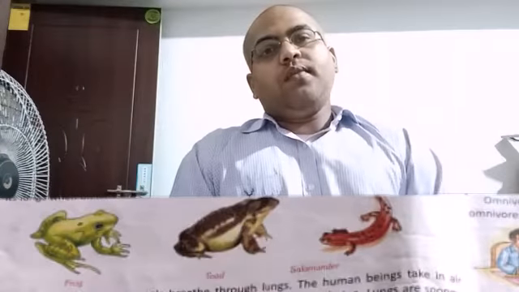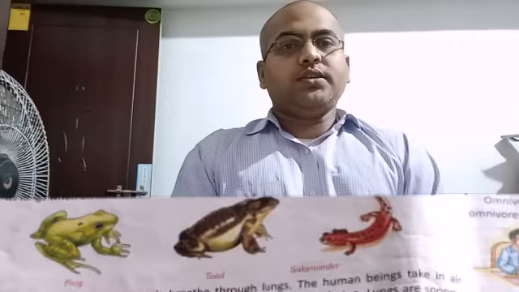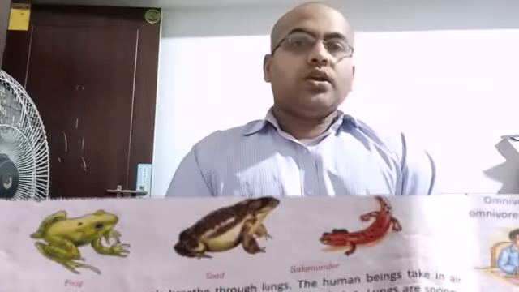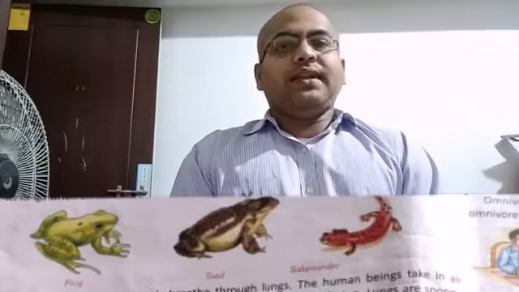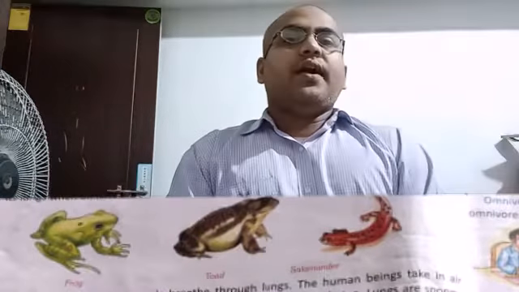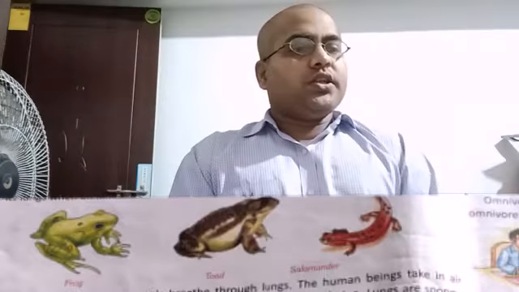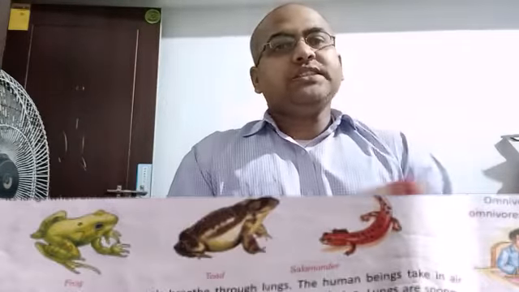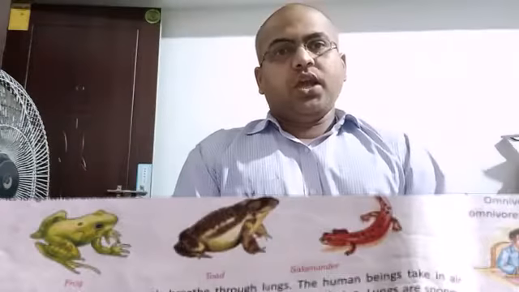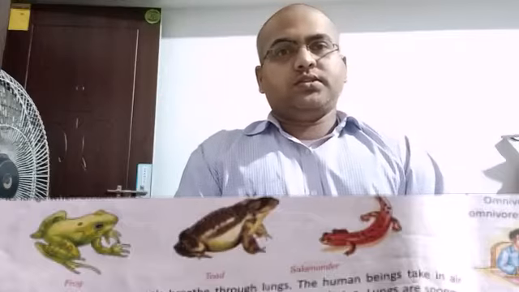Animals absorb oxygen from the atmosphere with the help of their breathing organs, and then this oxygen is mixed with the blood and gives them energy. The process in which oxygen combines with food and releases carbon dioxide and energy is called respiration. So different animals have different types of breathing organs.